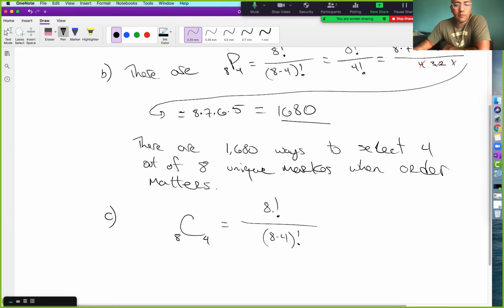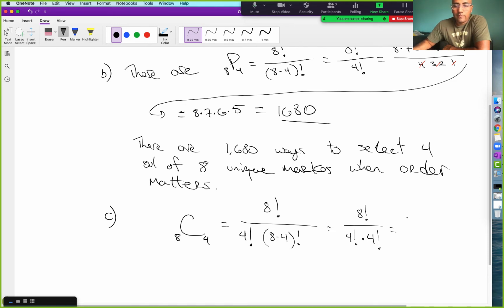So this gives us the permutations, but then we have to divide the whole thing by this factorial. Right? This is the r factorial, and then this is the n minus r factorial. And so this ends up being 8 factorial over 4 factorial times 4 factorial.